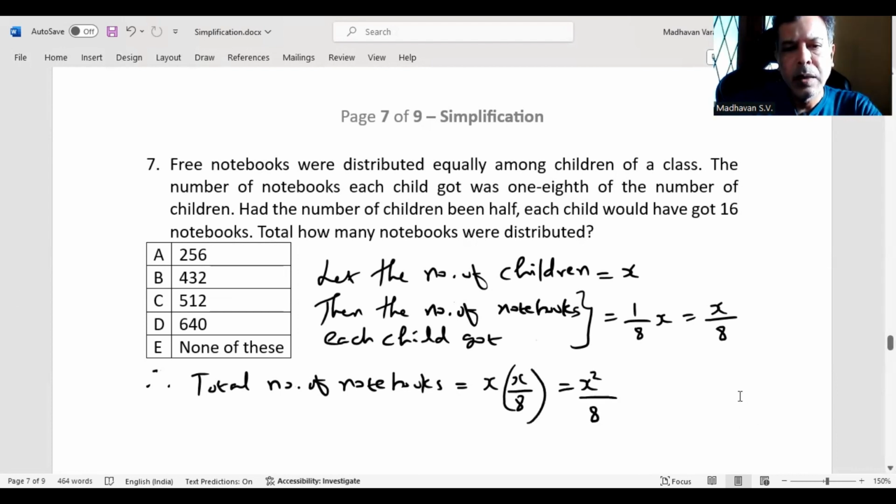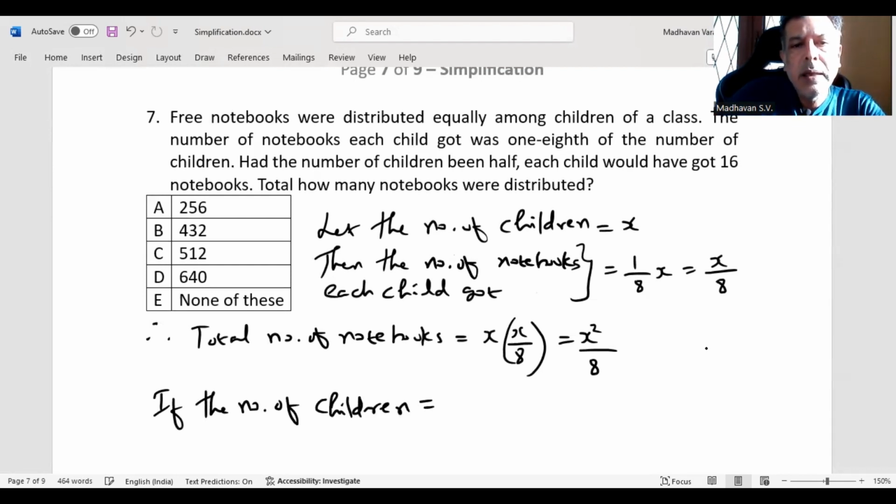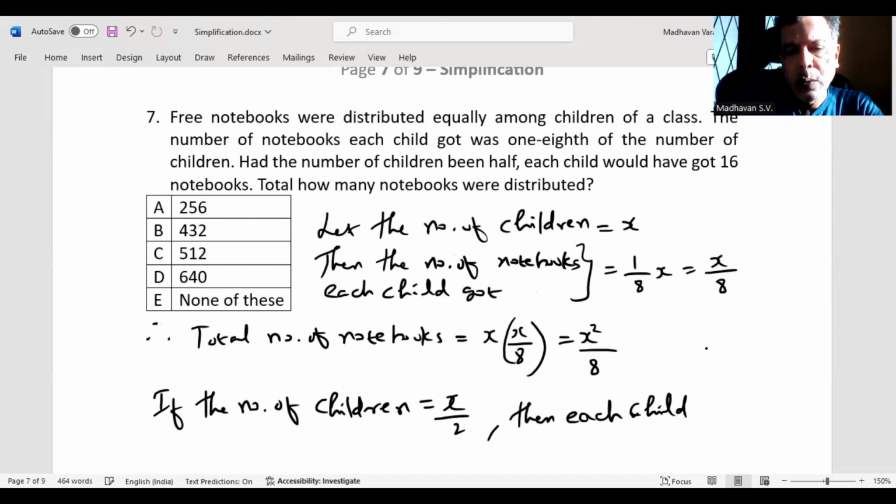Now, if the number of children had been half, means equal to X/2, then each child would get 16 notebooks more.